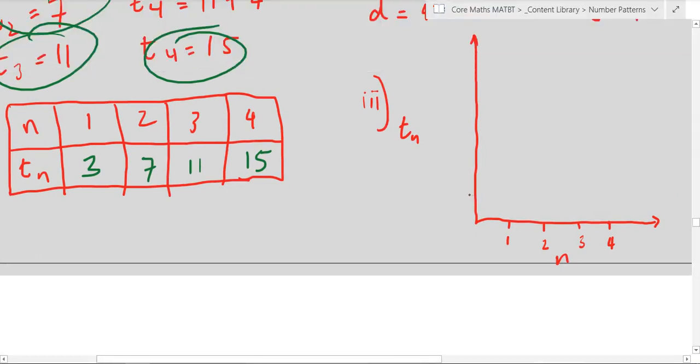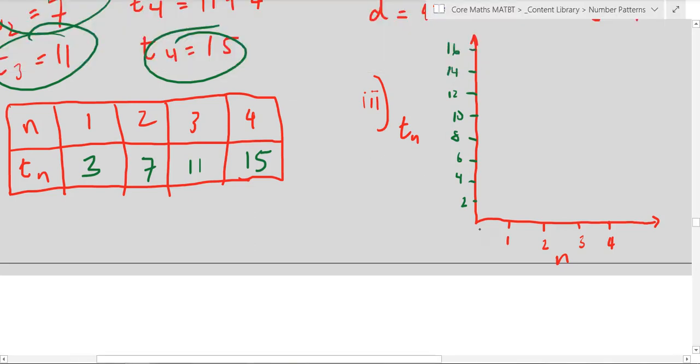Well, actually, I wouldn't go 3, 7, 11, 15. I would use some more consistent values. So I might go up by 2s: 2, 4, 6, 8, 10, 12, 14, and 16. Okay, let's go with that. Now we plot them.